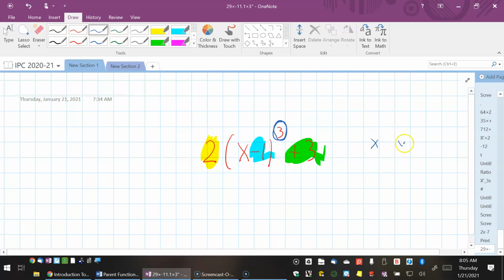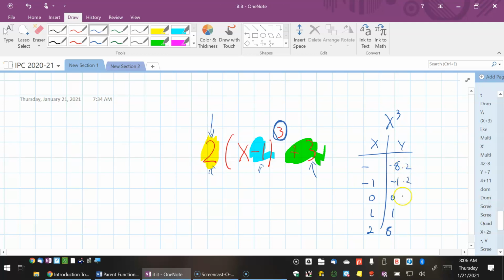And so we would start with the anchor points for x cubed, because this is a version of x cubed. We would then apply the transformations that we see to the anchor points. For example, this 2 multiplied out in front tells us to multiply all of the y values by 2.